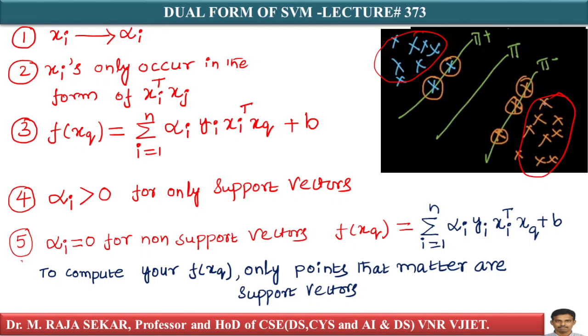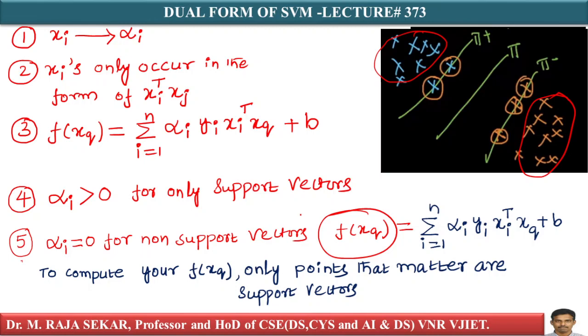If I have more positive points above pi plus, it really doesn't matter even if you add more negative points below pi minus. Even that doesn't matter, isn't it? Only points that matter are support vectors. Your non-support vectors really do not change your function. Which function? Your function f of xq. Hence the whole algorithm is named support vector machines.